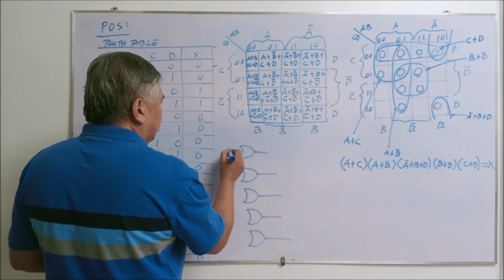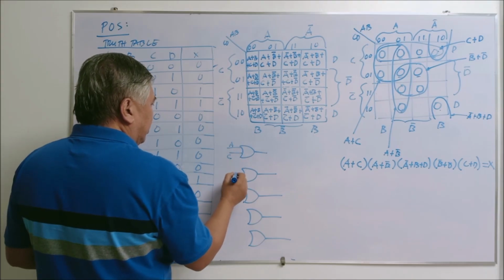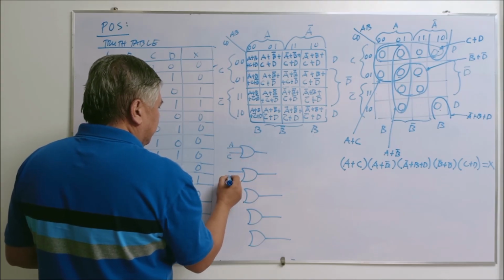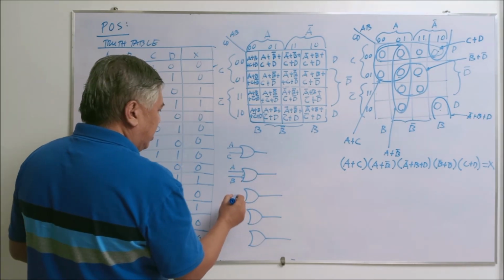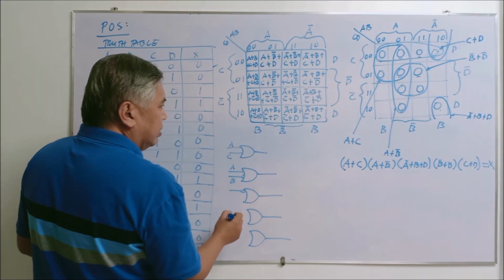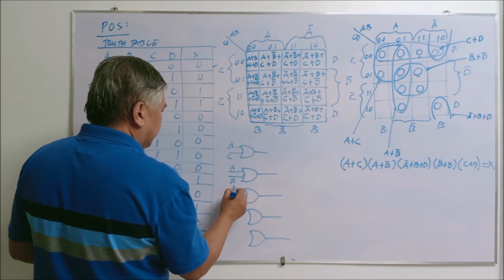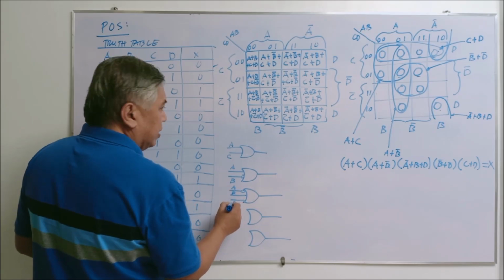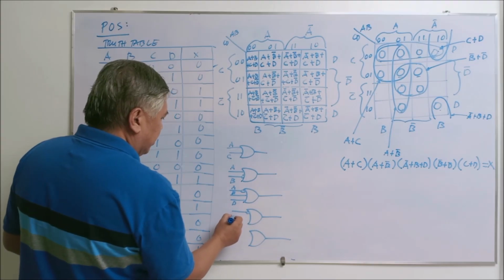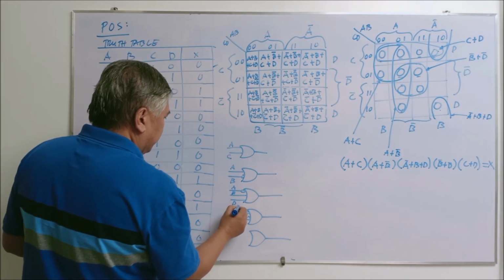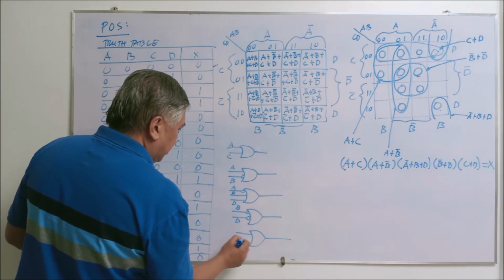And then you have inputs A, C, then you have A, B bar, then A bar, B, D, and then you have B bar, D bar, then you have C, D.